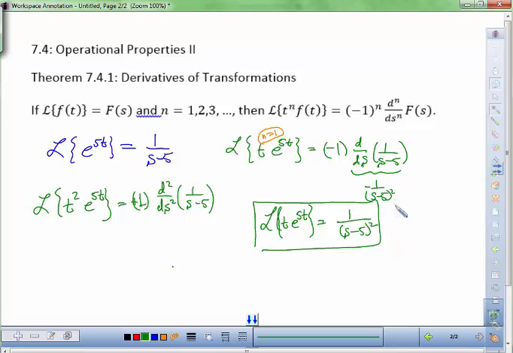The second derivative will remain positive: 2 over (s minus 5) cubed.